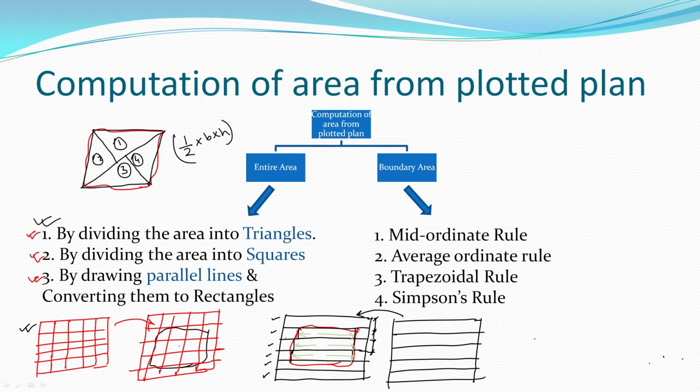The final area can be calculated by the summation of the lengths of the rectangles into the constant distance, these equal distances.